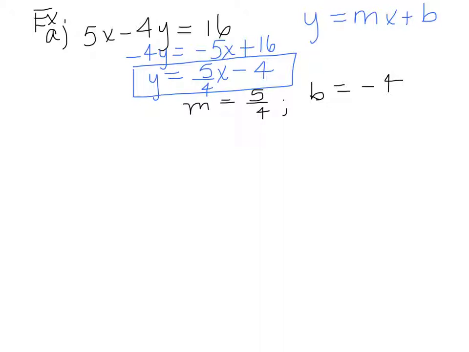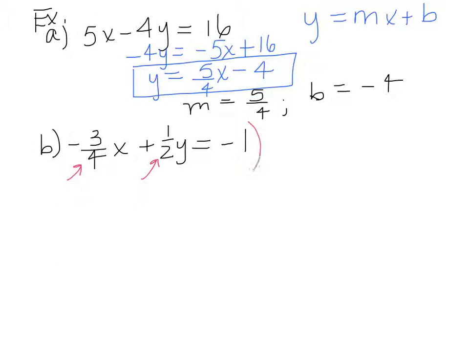Now sometimes they give you some with a lot of fractions, and we know that we don't like fractions. So I'm going to show you a way where we can get rid of all the fractions. You look at the denominators and see what your common denominator is. And your least common denominator would be 4.